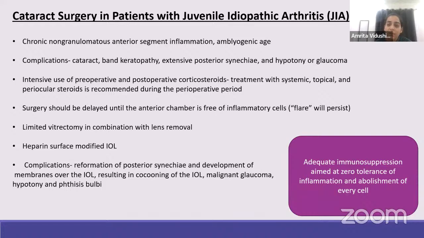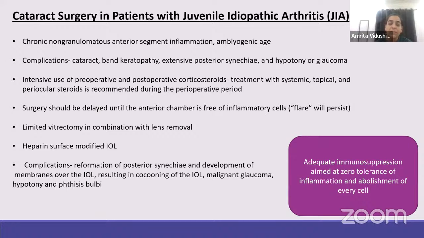Previously it was mentioned that in a case of JIA, we should not implant the IOL right away. But with the advancements in technology and the IOLs that we have, complications such as reformation of posterior synechiae, development of membranes over the IOL, cocooning of the IOL, malignant glaucoma, hypertony, and phthisis, which were very common previously, have now quite reduced.